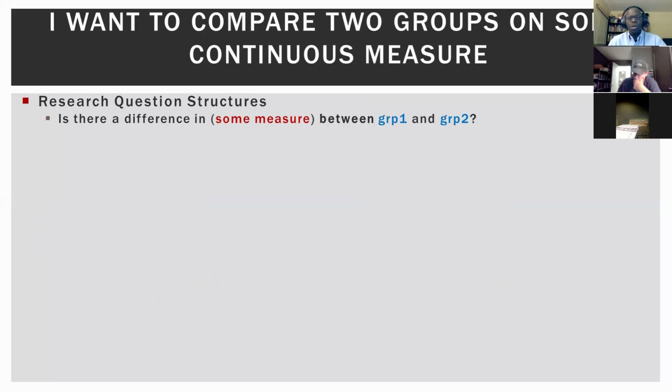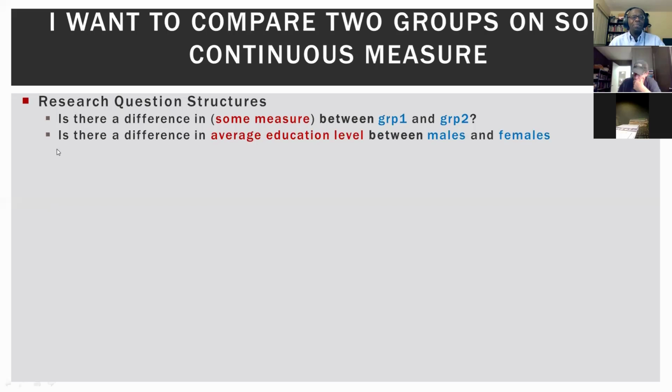So that's the framework. So in real terms, an example would be, is there a difference in average education level, right? Because it's red to align with some measure, because it is the dependent continuous variable. And then you have between the two groups, males and females, right? So that's the independent or the grouping variable.